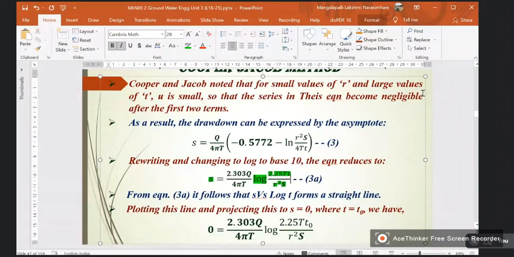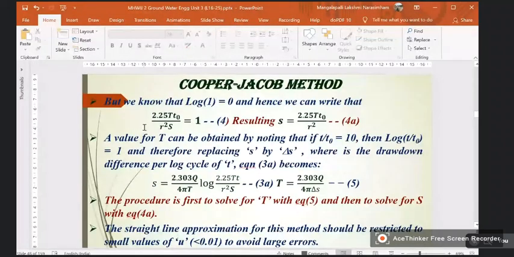Plotting this line and projecting it to s equal to 0, where t will be t0, we get the expression. Using this, we will get this equation. Log 1 is equal to 0.